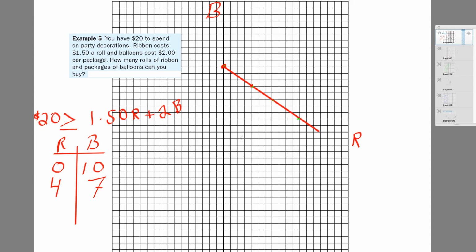I'm saying it's below the line because I can't be beyond this. That's the highest I can be. So since I've got to be below this point on B, then this is my region in here that my values are. But it's only the integer solutions. It's only where the axes cross that I have solutions.